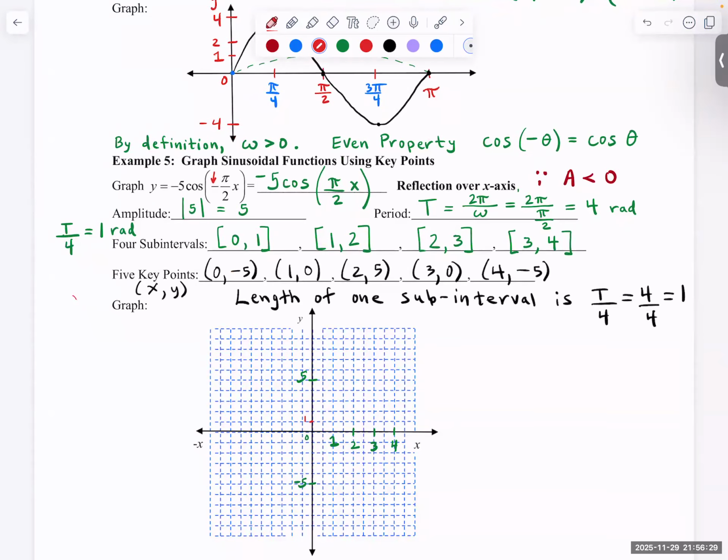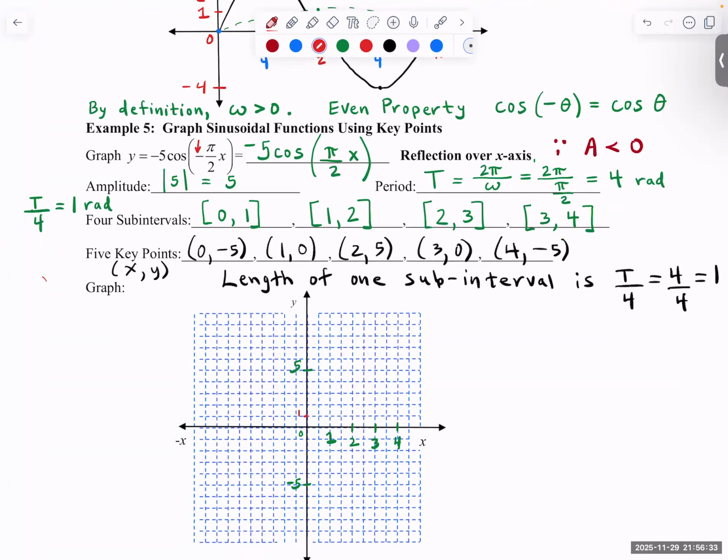Now, if we were to mark and show, let's say, pi over 2, let's say that this is pi over 2 in red. Every 2 lines is pi over 2, so this would be pi, 3 pi over 2, and 2 pi.